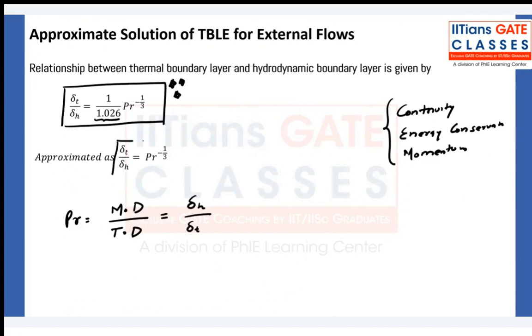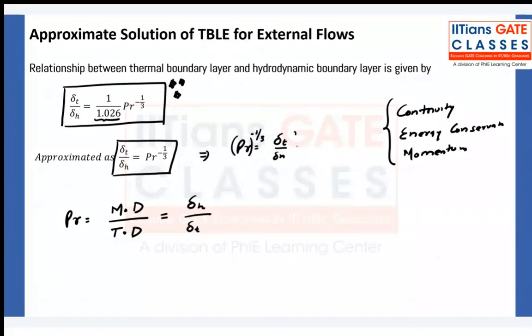Now, Prandtl number I can write as thermal upon hydrodynamic boundary layer, Prandtl number to the power 1 by 3, or minus 1 by 3. I can write it as thermal upon hydrodynamic boundary layer.